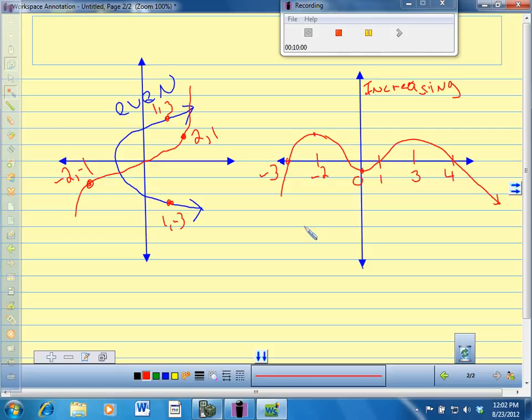You see that? Going uphill. So it's increasing from negative infinity, with a curvy bracket on it, up until negative 2, also with a curvy bracket on it, because we don't know right at negative 2 whether it's increasing or decreasing. It looks like it's doing nothing right there. I mean, this isn't an exact graph.